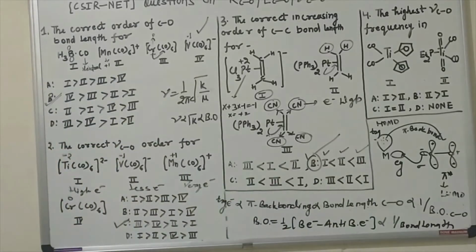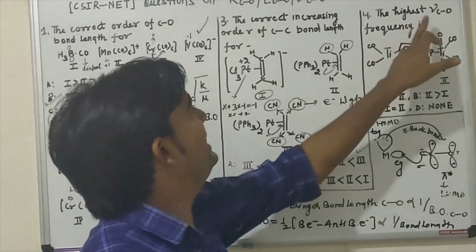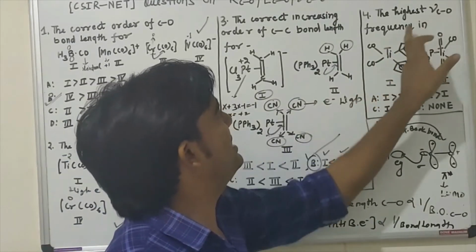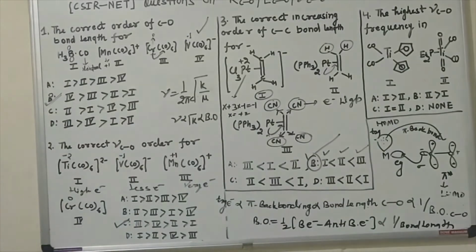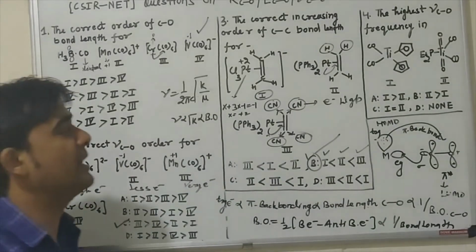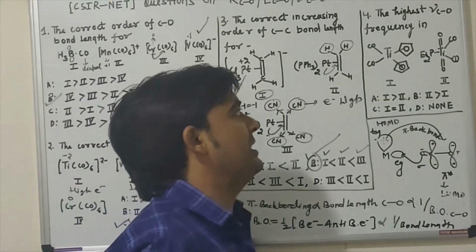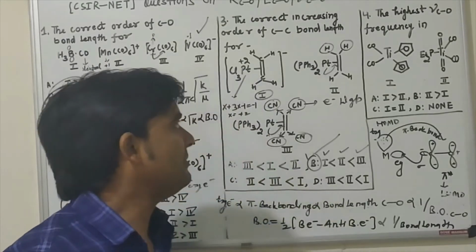Another question, this is the fourth question: the highest CO frequency in these complexes. So we need to find in which case the CO frequency will be high.